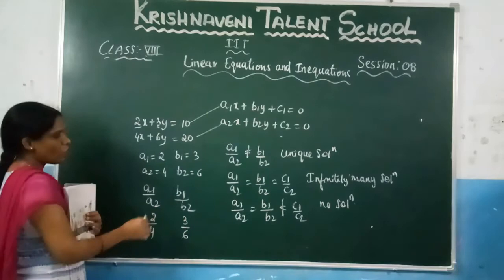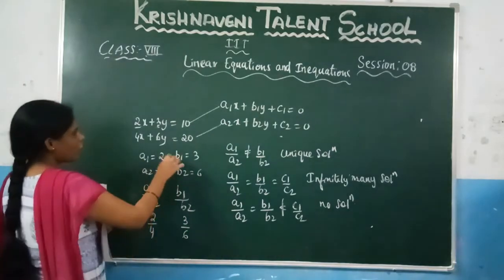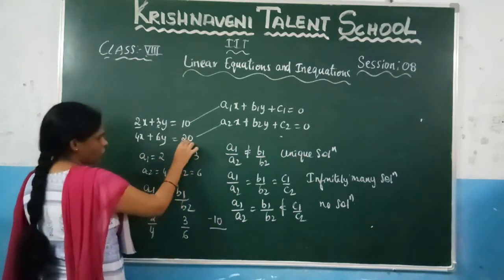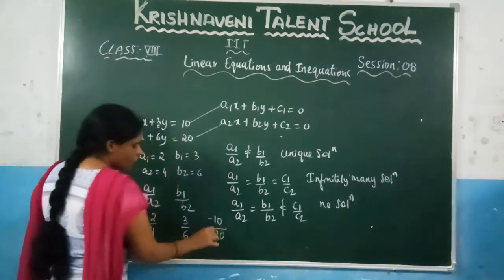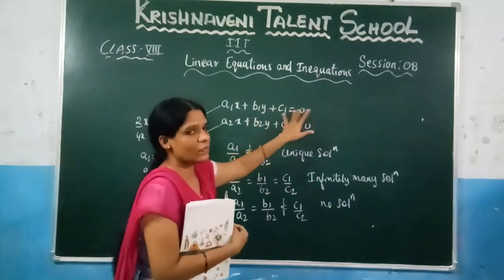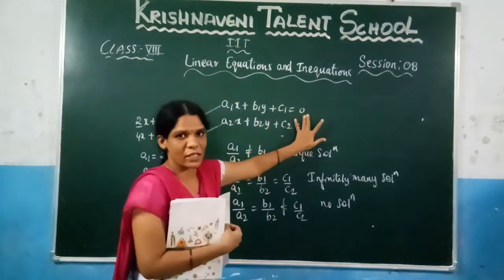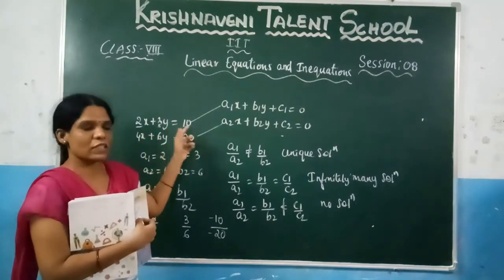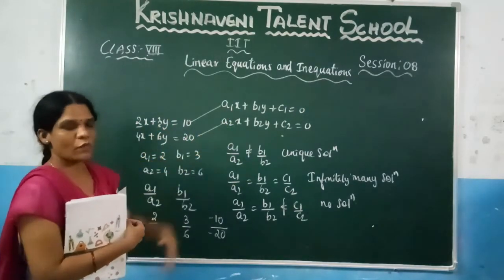Now what is the value of c1 by c2? C1 is minus 10 and c2 is nothing but minus 20. Why am I taking minus here? Because you can observe that the form plus c1 is equal to 0 is required, but this one does not have it in that form. So how can you write it?